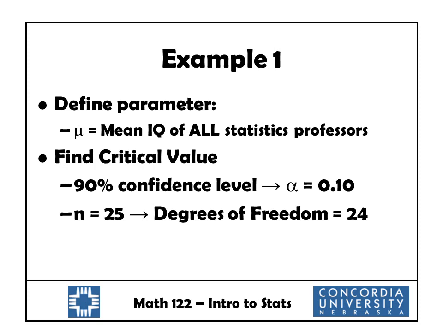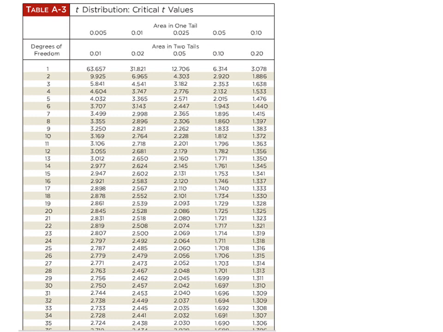So alpha is 0.1. n is equal to 25, so my degrees of freedom is 24. So I go to my table A3. I first go to the column area in 2 tails of 0.10. Next I go down to 24 degrees of freedom, and the corresponding value there is my critical value. So t sub alpha divided by 2 is 1.711.